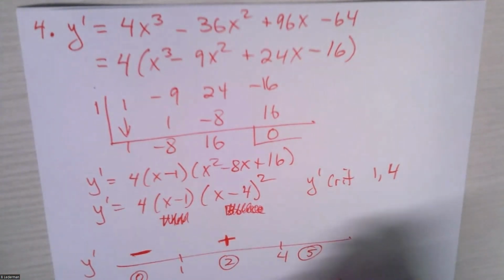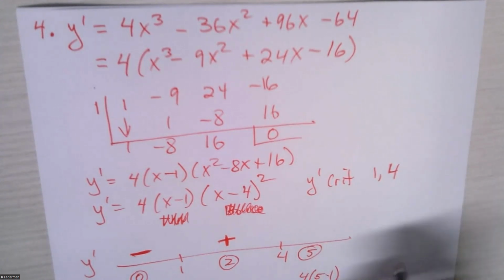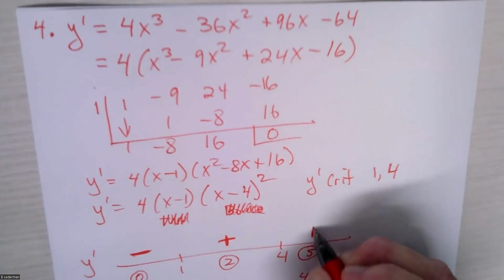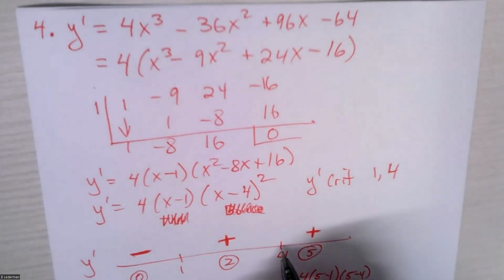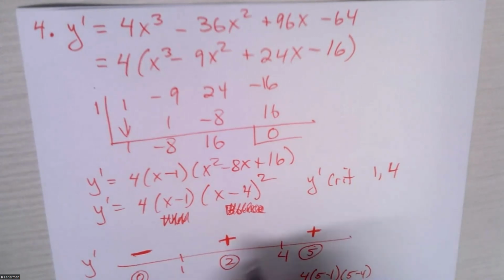And when x equals 5, I get 4 times 5 minus 1 times 5 minus 4 squared, which is positive 16, which is also positive. So notice, in a way it was a through and a bounce. I wrote through and bounce, and then I crossed it out, but in a way it was.